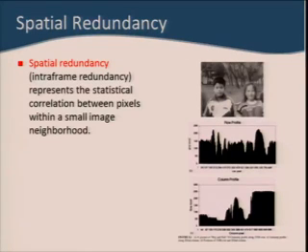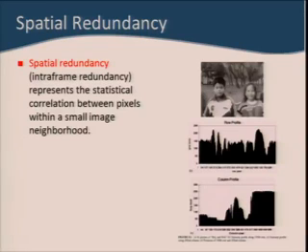If you look at my hand and zoom in on a small region here, do the pixel values tend to be very similar or very different? Tends to be very similar. So for most natural images, if you look at a small image neighborhood, its pixel values tend to be very similar. When the pixel values tend to be very similar, we say that there exists a spatial redundancy. There's some redundant information there.